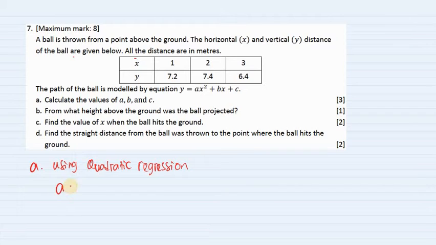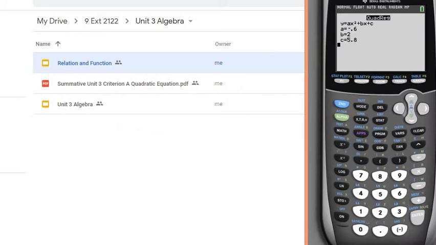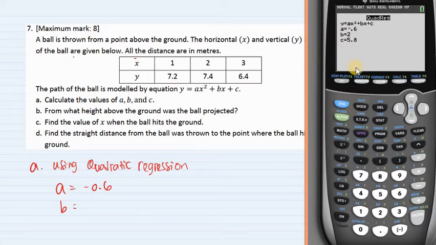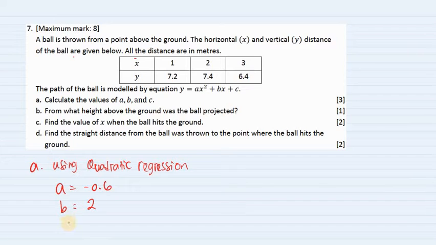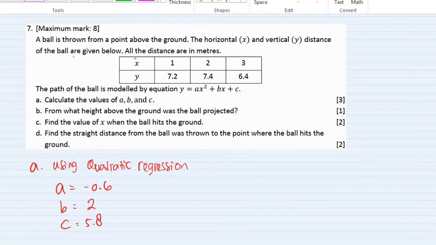So we got the value of a is negative 0.6. The value of b is, what was the value of b? Sorry, wrong. The b is 2, and then the c is 5.8. So we got the value of a, b, and c. Now let's do the next part.